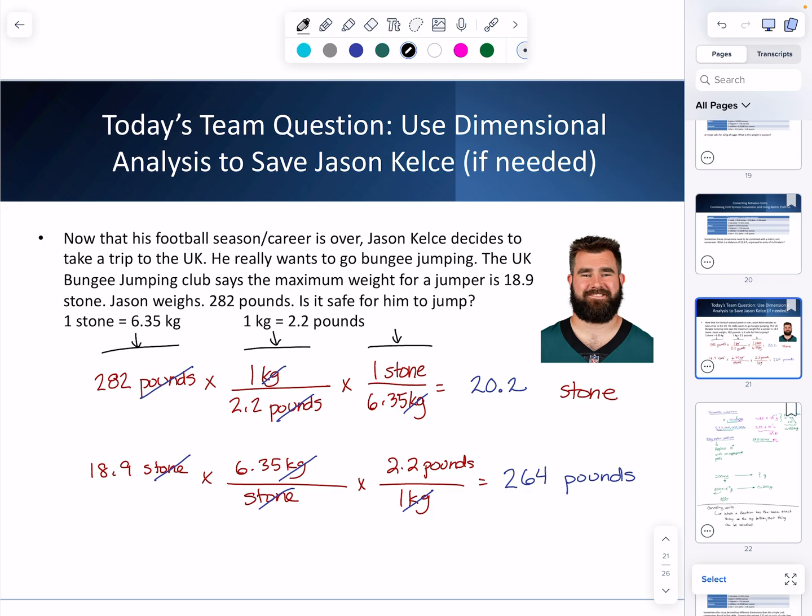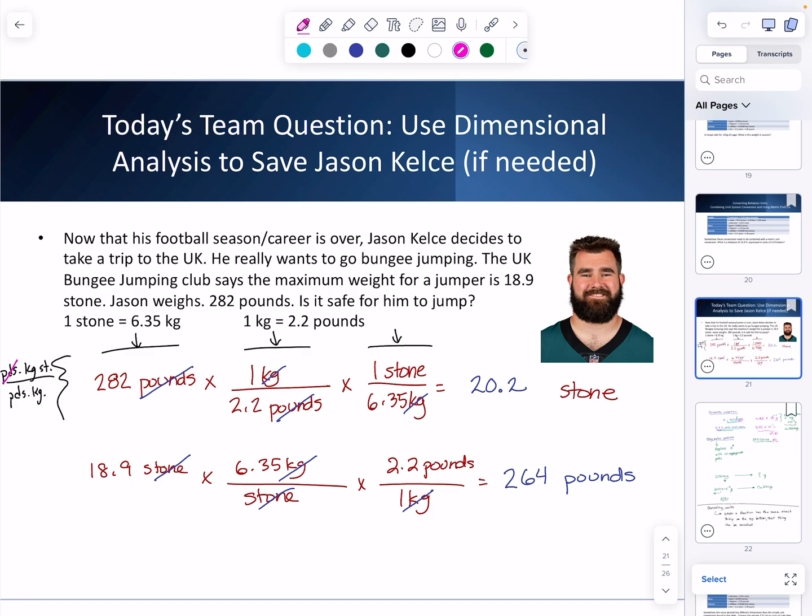Well, if I did that, and I'm going to write it over on the left here, the top would be pounds, kilogram, stone. So pounds, kilogram, stone, divided by pounds, kilogram, divided by pounds, kilogram, okay? And so my basic algebra tells me that if it's the same on the top and the bottom, I can cancel it out.